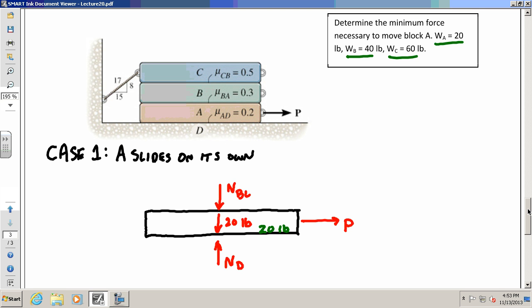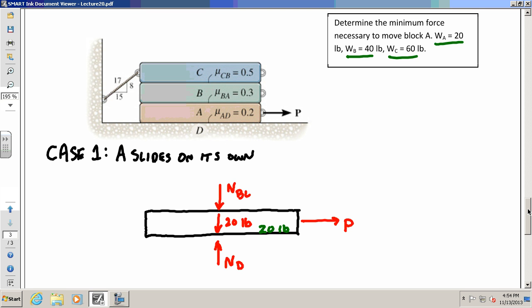Why don't I just write 100 pounds down there? Yeah, the rope. Don't forget the rope. The rope's doing something, so that rope might mess things up. If I'm not sure, I'm not going to put 100 there, because that rope may be doing something too. So I'm just going to write that as NBC, as a normal force from BC down.